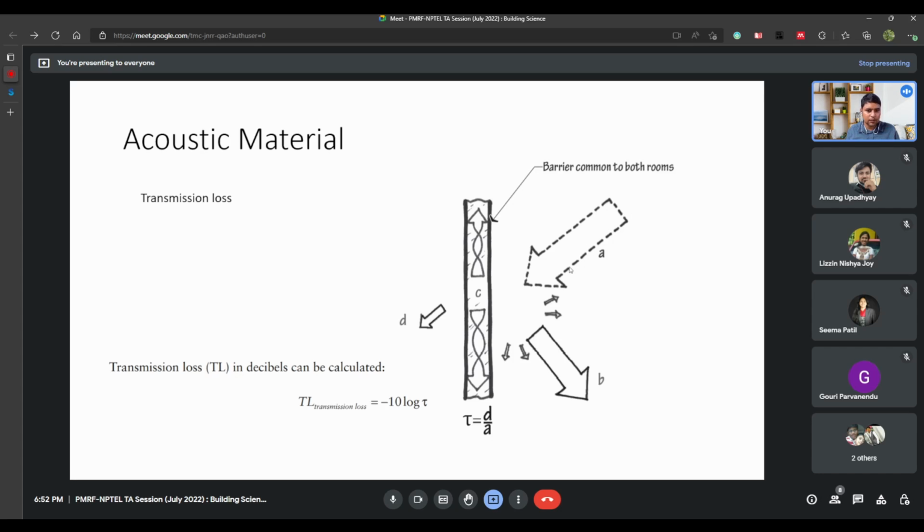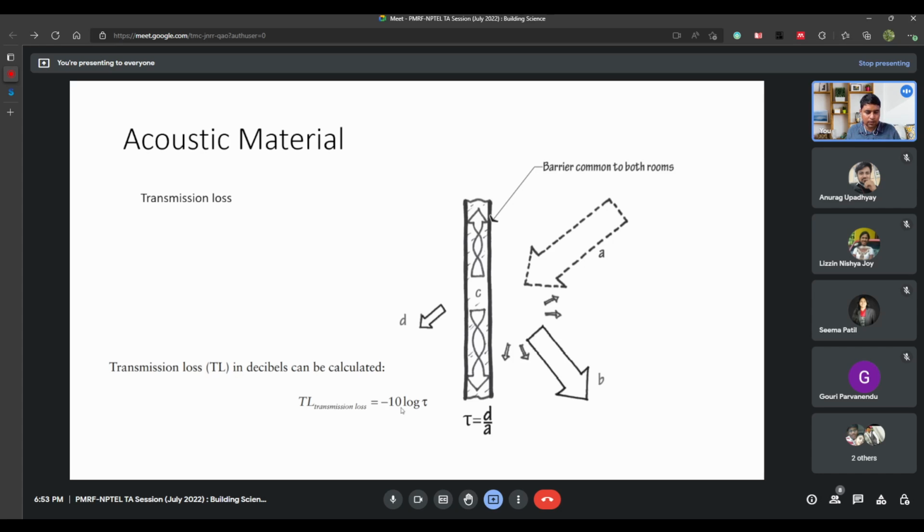This dotted line shows the point source at a particular decibel level, and some portion will get reflected, some portion will get absorbed, which is C, and some portion will get transmitted, that is D. The interest at this point is D, the transmitted sound beyond the barrier.